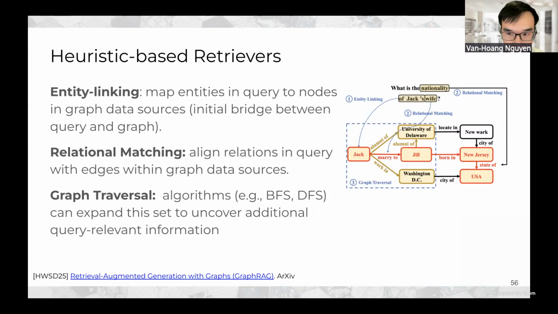In order to effectively learn from the graph context, we also need to align these relations with the actual edges in the graph. So this can be done by matching the relation nationality with edges such as born in or state of, and also the relation wife with an existing edge in the graph such as married to. And then after we have obtained all these entities and relations, we run some graph traversal in order to extract the connected subgraph.